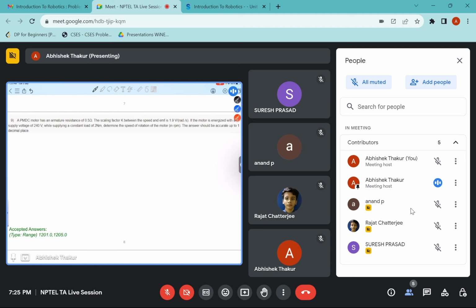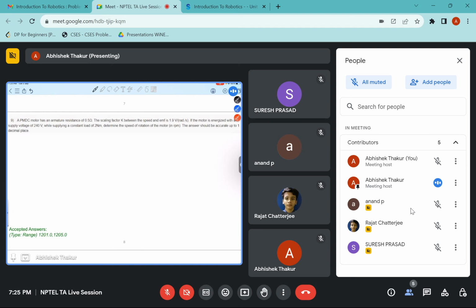So now the next question is, a PMDC motor has an armature resistance of 0.5 ohm, and the scaling factor K between the speed and EMF is 1.9 volt per radian per second. If the motor is energized with a supply voltage of 240 volt while supplying a constant load of 2 Newton meter, determine the speed of rotation of the motor in rotation per minute.